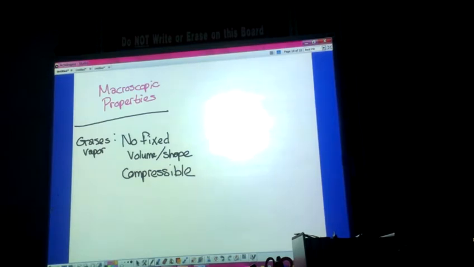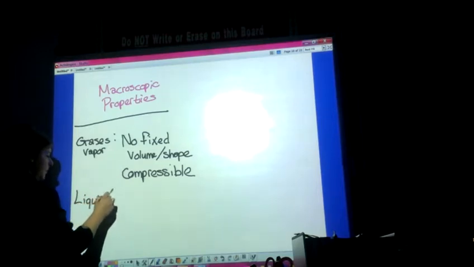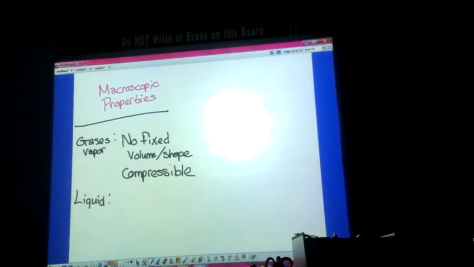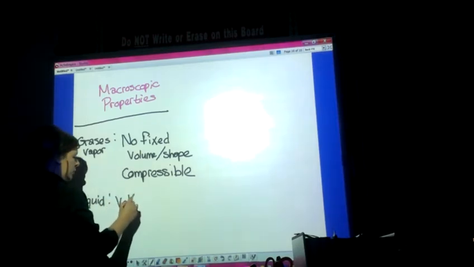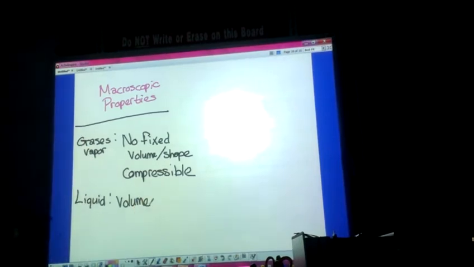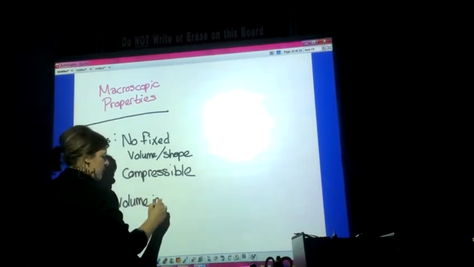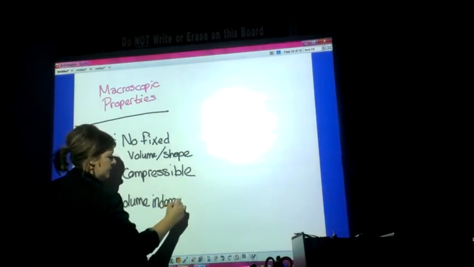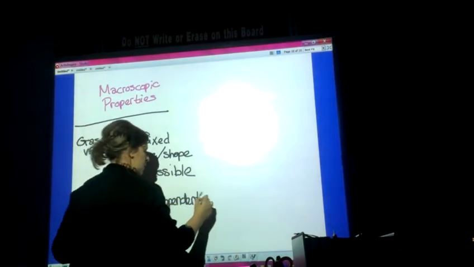Okay, in terms of a liquid, and this is again just macroscopic properties. Does a liquid have a fixed volume? A liquid has a volume, or the volume of a liquid, what I want us to know is independent of the container. Volume is independent of the container.